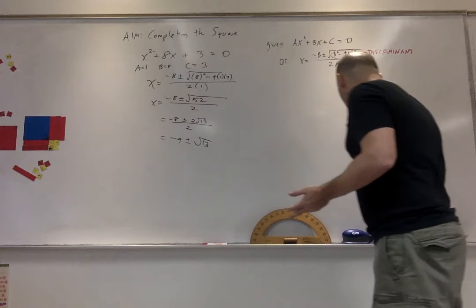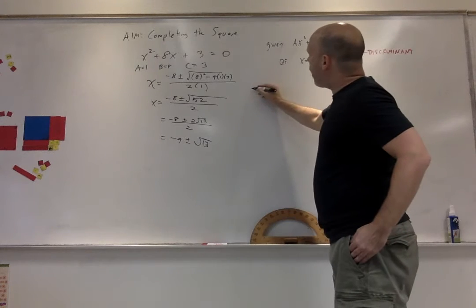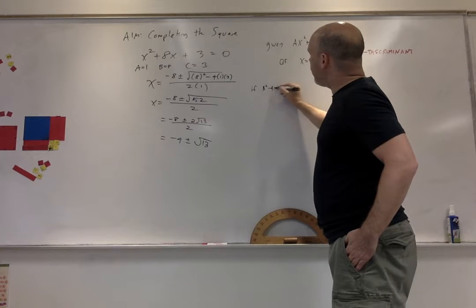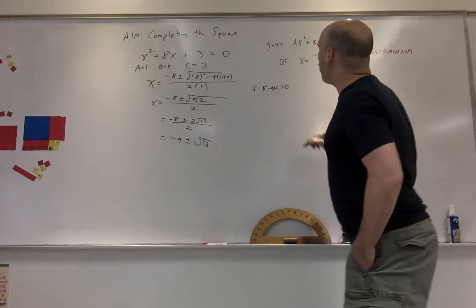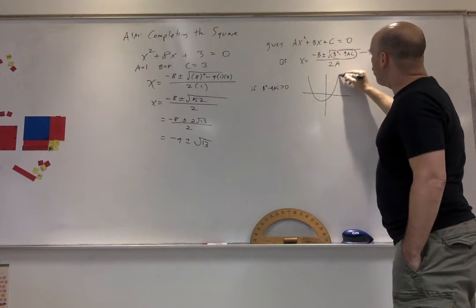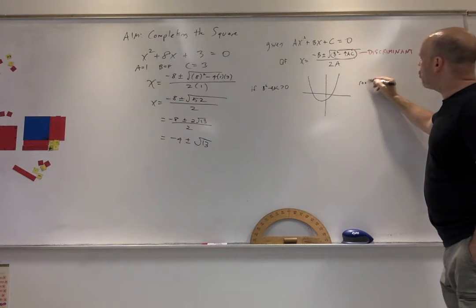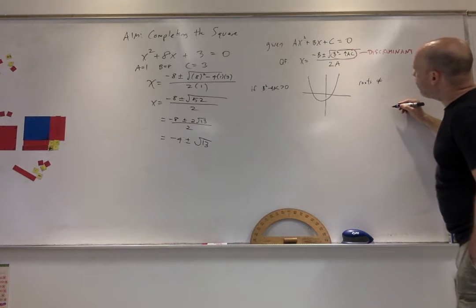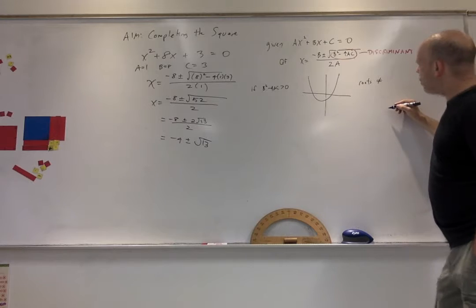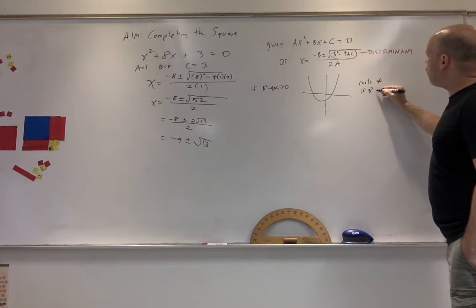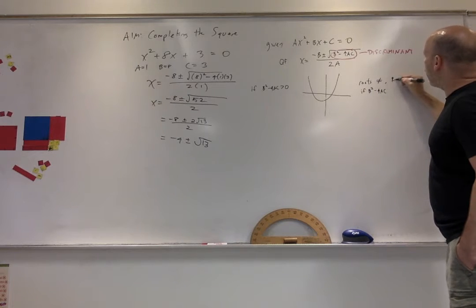We know that if b squared minus 4ac is greater than 0, then the roots are not equal and they're real.